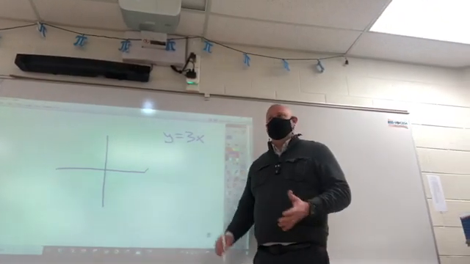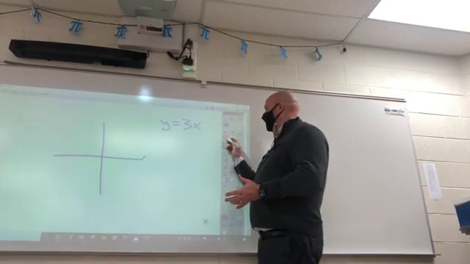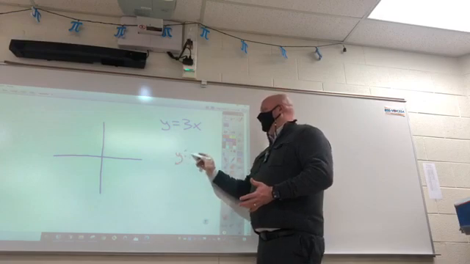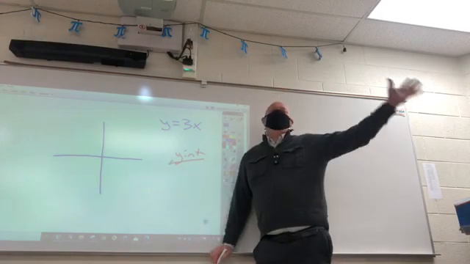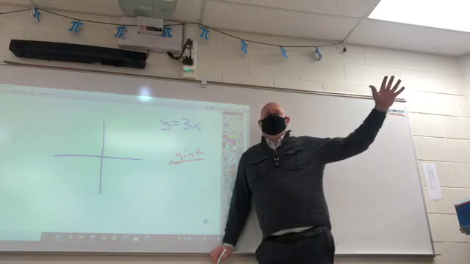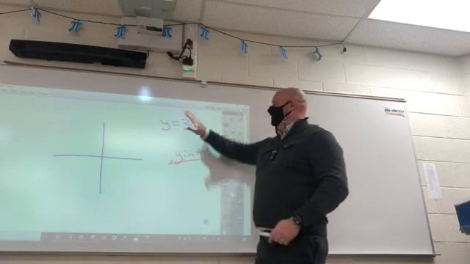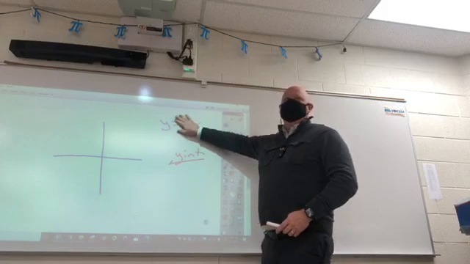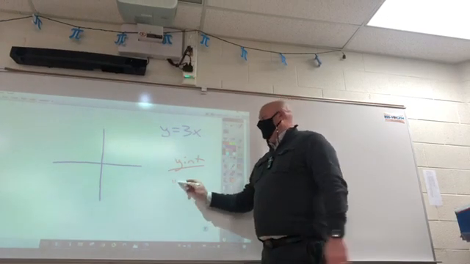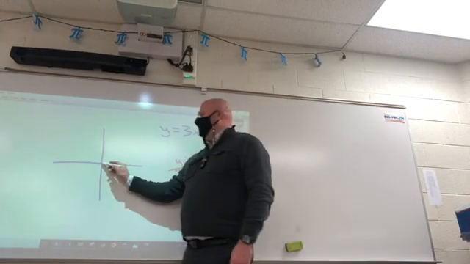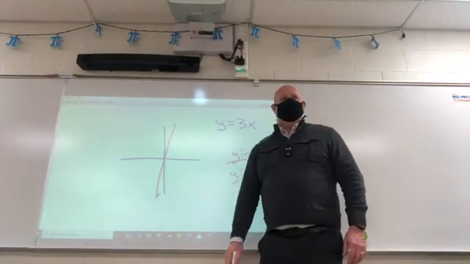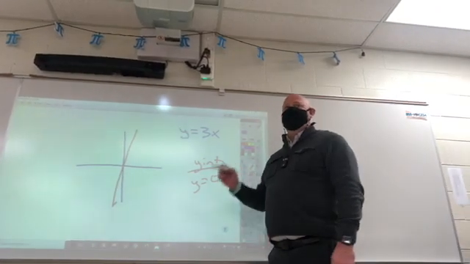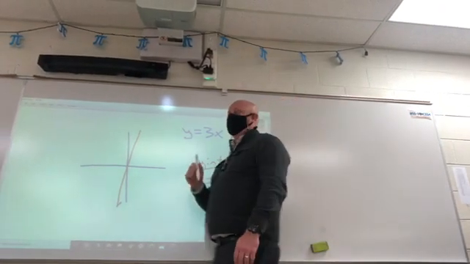What's the y-intercept? How do you find the y-intercept? Make the x a 0. So that becomes a 0, which means 3 times 0 is 0, which means y equals 0. This graph is going to look something like this. So it's going to be 0 every single time.